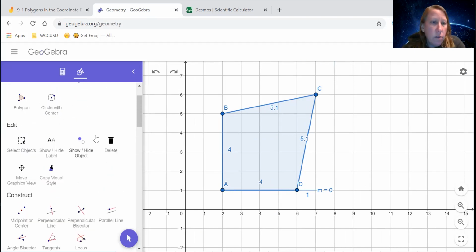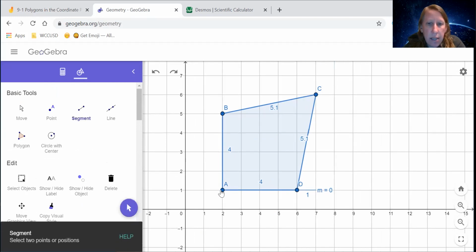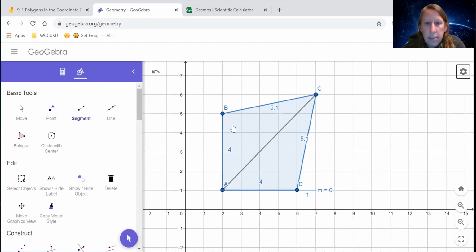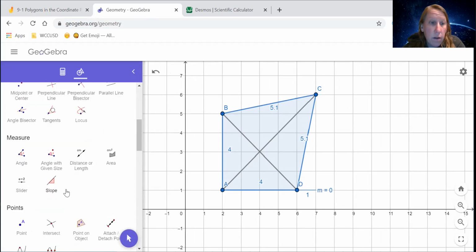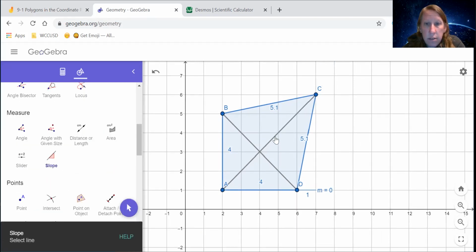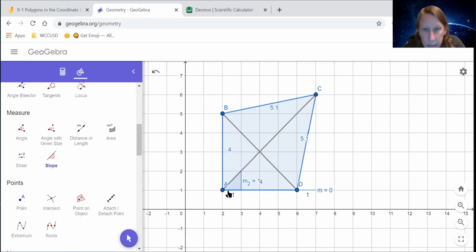One thing we could do is analyze the diagonals. So I can put in these diagonals. And with kites, this has to be a right angle in here. So I could run the slope of the diagonals. What's the slope of that diagonal? It's 1.